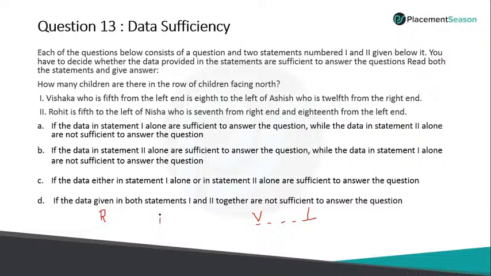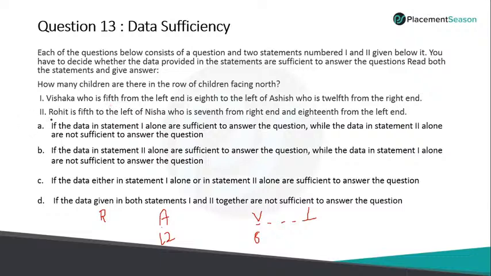So Ashish is the 12th person, and Vishaka is 8th position from Ashish. And there are 4 more there. So 12 plus 8 is 20, plus 4 is 24. I'm able to get the number of children in the row. So from statement 1, I'm able to get the answer individually.